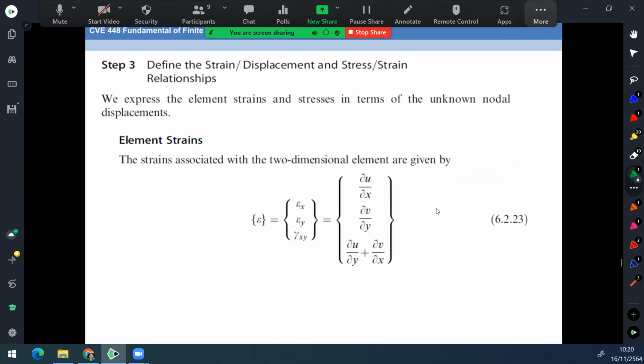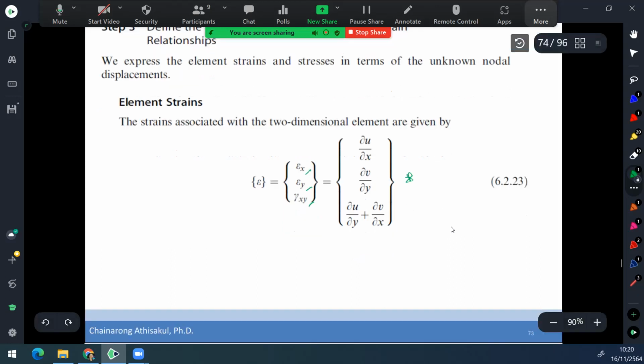We define the strain-displacement relation according to the theory of elasticity that we have learned before. For the small displacement case, epsilon x, epsilon y, and gamma xy are given by this.